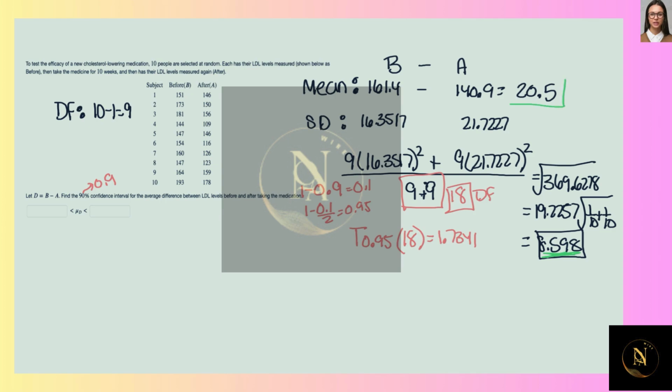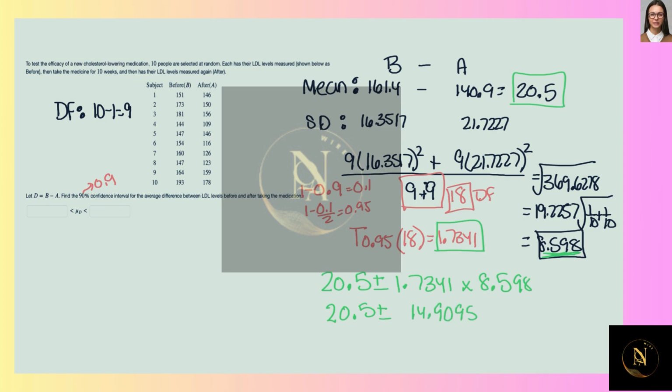Now you're ready to calculate your confidence interval. So you're going to take this 20.5, that's the difference of your means. You're going to do plus or minus this 1.7341 times 8.598. And you are going to get 20.5 plus or minus 14.9095.